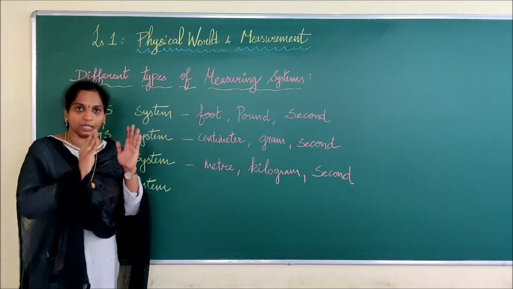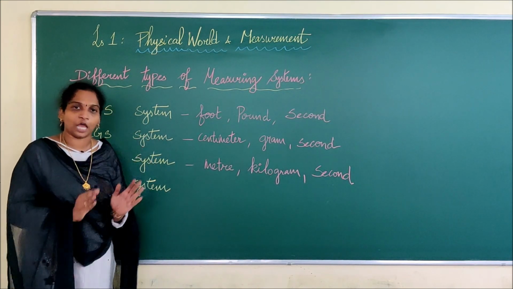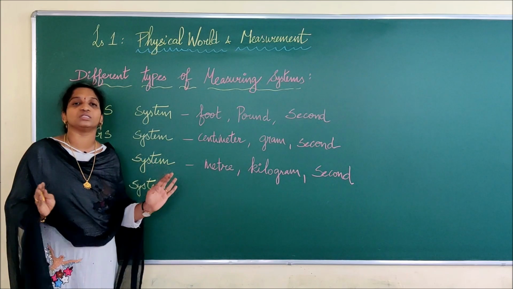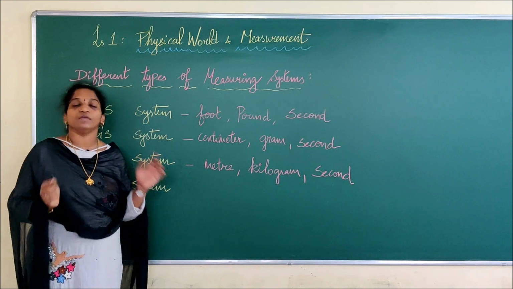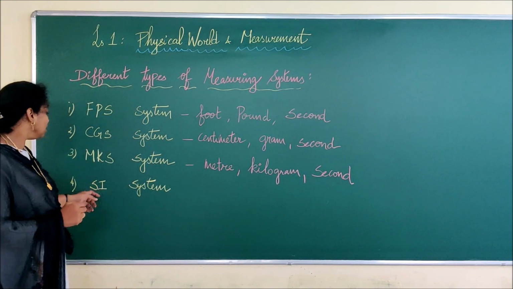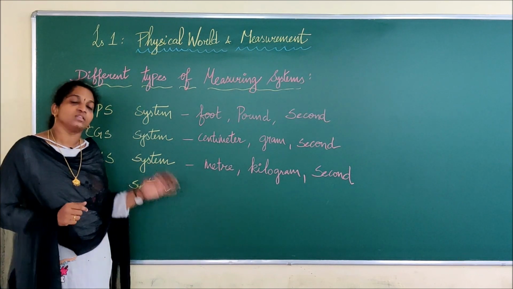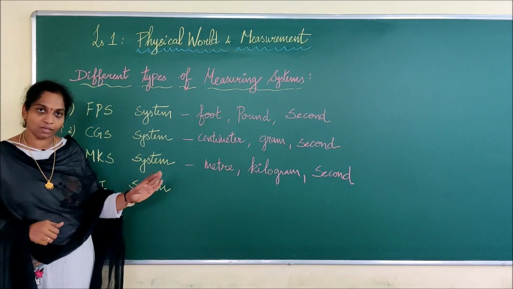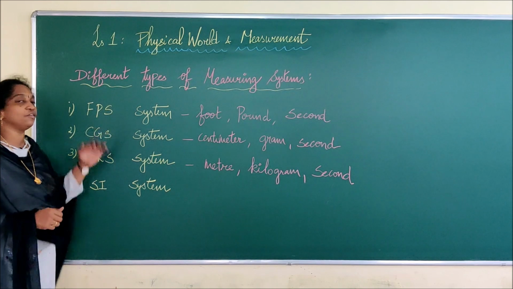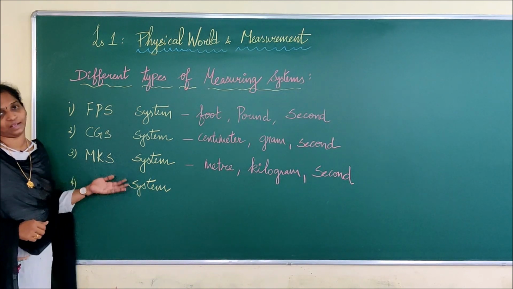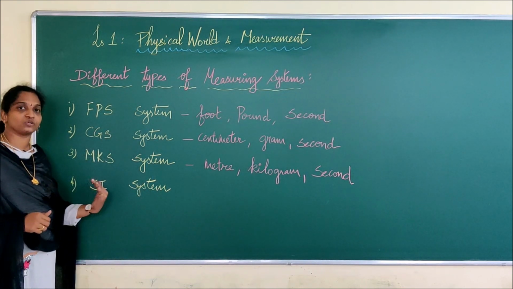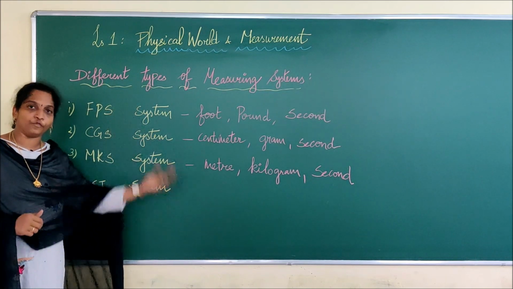Internationally they took ideas from everyone, and they accepted the units as an international one. We call that system the SI system of units. This SI system of units is nothing but a modified form of our MKS system of units, that is, the rationalized MKS system of units.